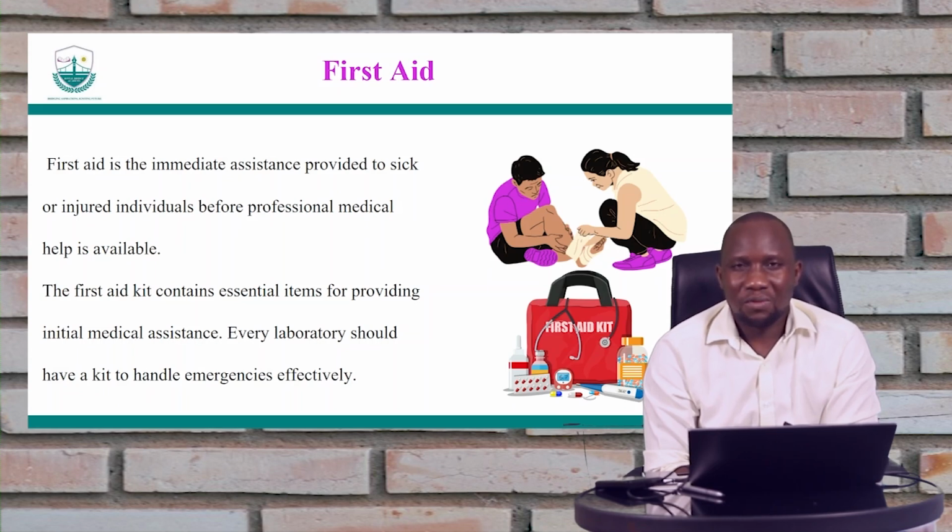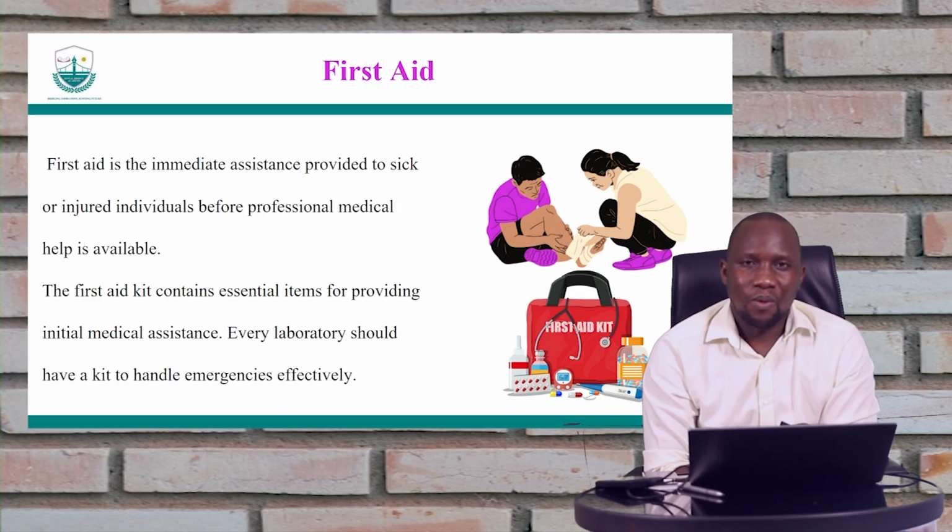So that's why it is very important for us to know the basics of managing injuries that we can get from the laboratory. We can actually apply these skills even at home, because even at home you can get burns, you can get someone who has collapsed, you can get someone with a wound that is bleeding. So how do you handle them?